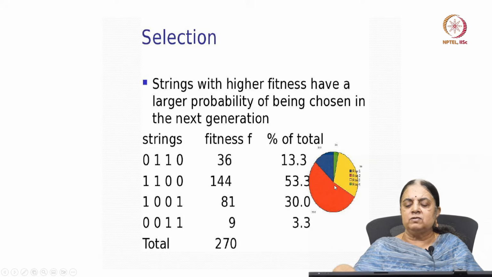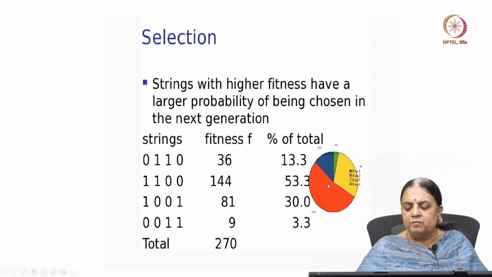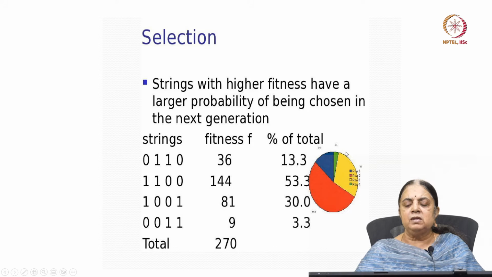You turn the roulette wheel, and it depends on where it stops. Wherever it stops, that string is going to be chosen to go into the next generation.